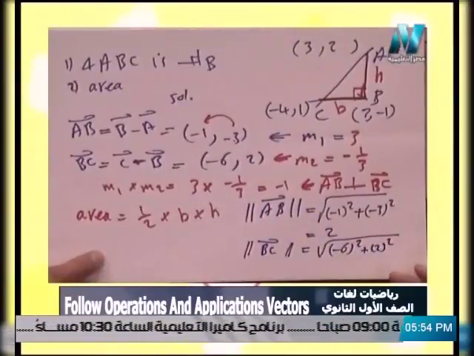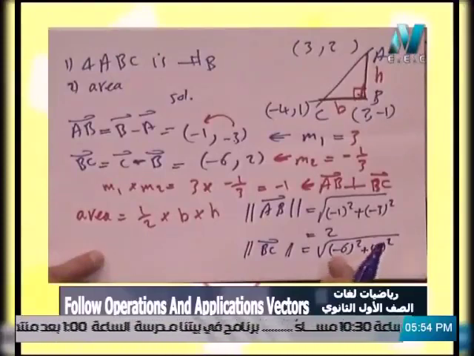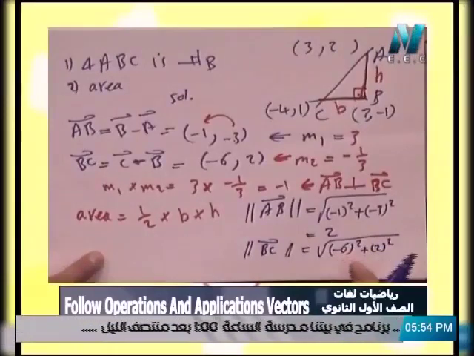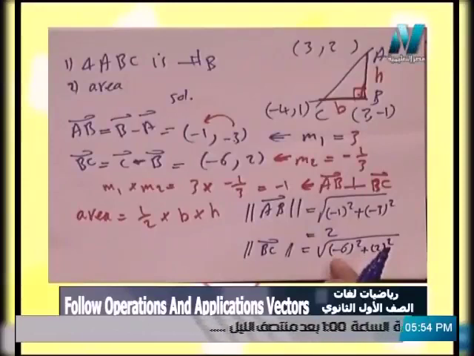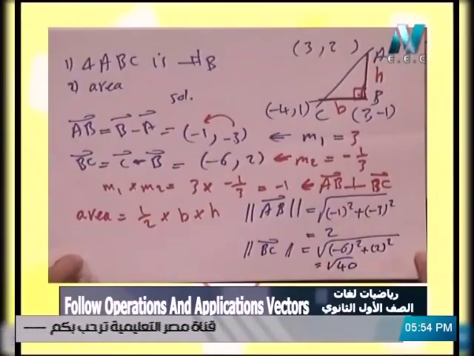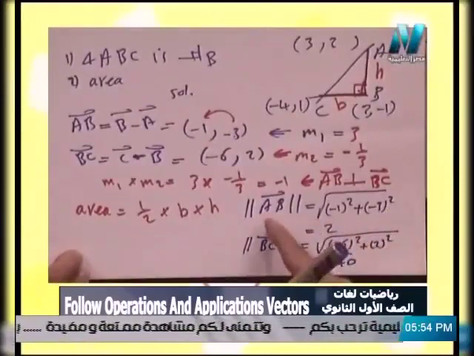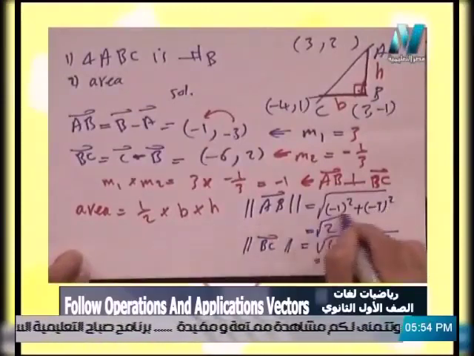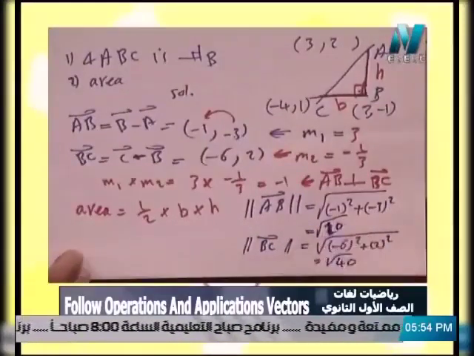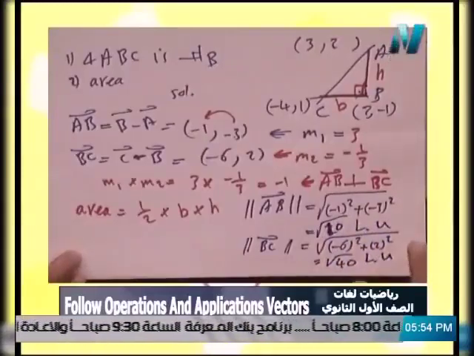We have 2 squared equals 4 and 6 squared equals 36, and the answer will be the square root of 40. The norm of AB equals the square root of 10. These are length units.